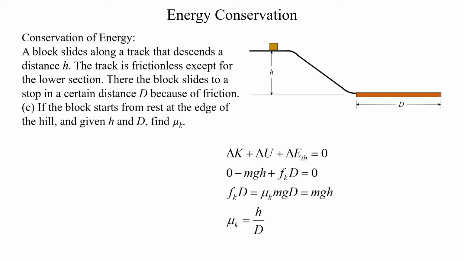So the coefficient of kinetic friction, mu sub k, is equal to h over d. So again, you can see that in part B, increasing the mass doesn't change the distance it takes to stop. The mass is in both of those terms and it divides out.